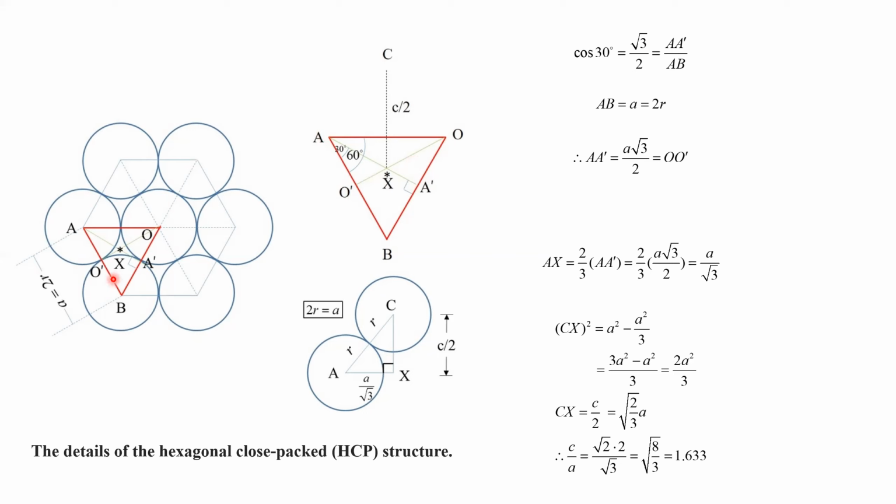Since this is a similar triangle, all these lengths are the same. That means each angle is 60 degrees, because 60 degrees multiplied by 3 is 180 degrees. So half of this is 30.